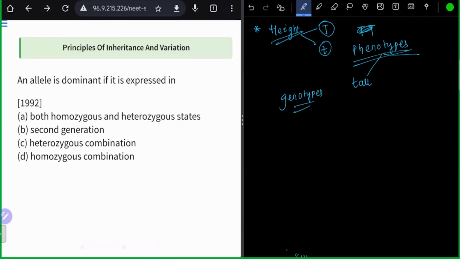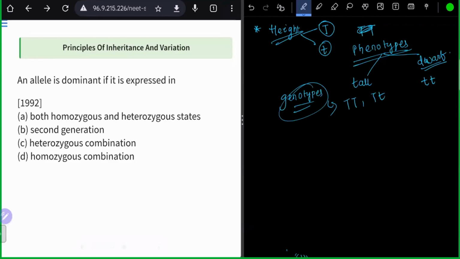Phenotypes: the plant is tall or the plant is dwarf. What are the genotypes? In a tall plant, the genotype can be capital T capital T, or capital T small t. But in dwarf, the genotype is always small t small t.